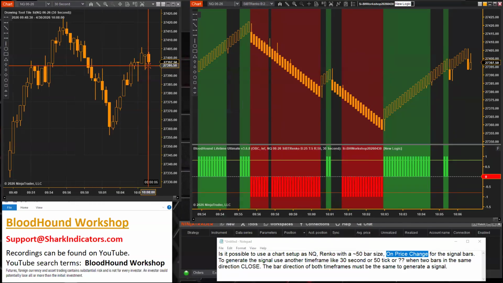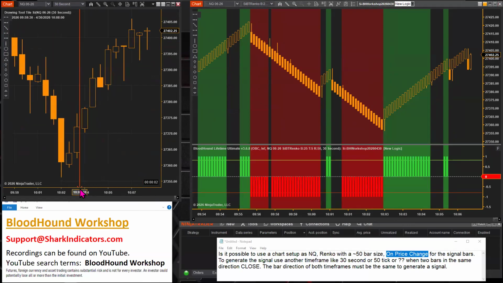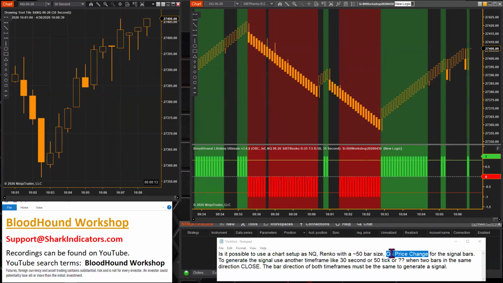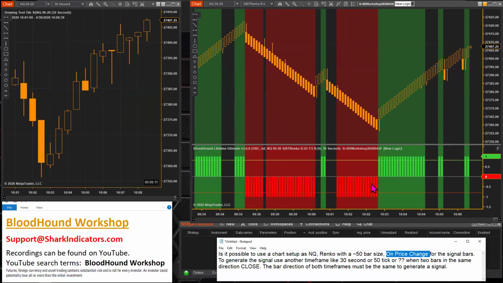So what that means is that this doji, actually, it may not be a doji. No, it's not. Actually, there's a couple of ticks there, so it's not truly a doji. So that is considered an up bar. All right. Or I'm sorry, that is considered a down bar. Sorry. Yeah. But in any case, right? So that is with on bar close.